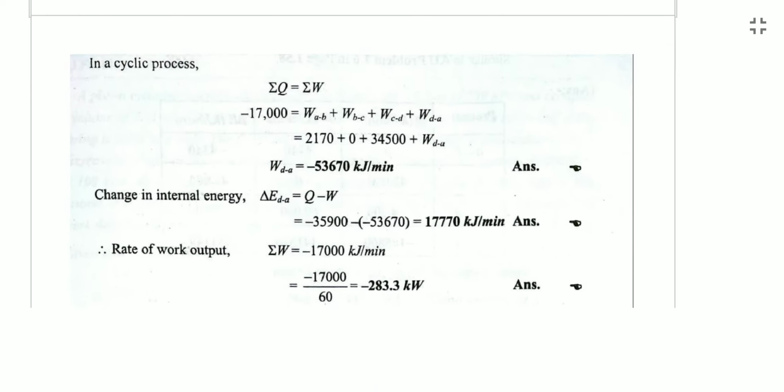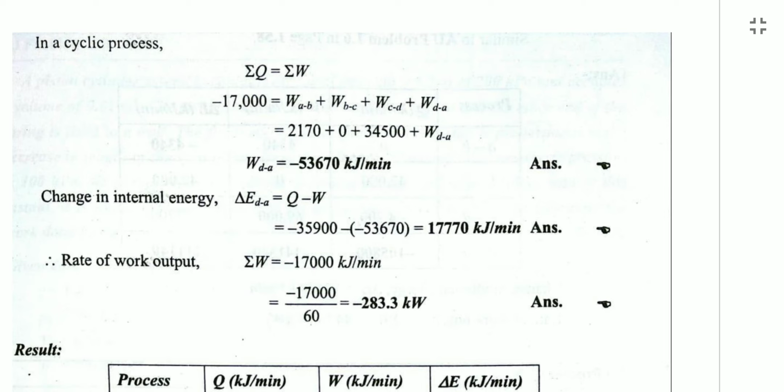Then in the question it is asked to find the rate of work done per second, the work done in kilowatt. That means kilojoule per second. How can we find it? Here the answer is in kilojoule per minute. In order to convert it into kilojoule per second, we just have to divide it by 60.